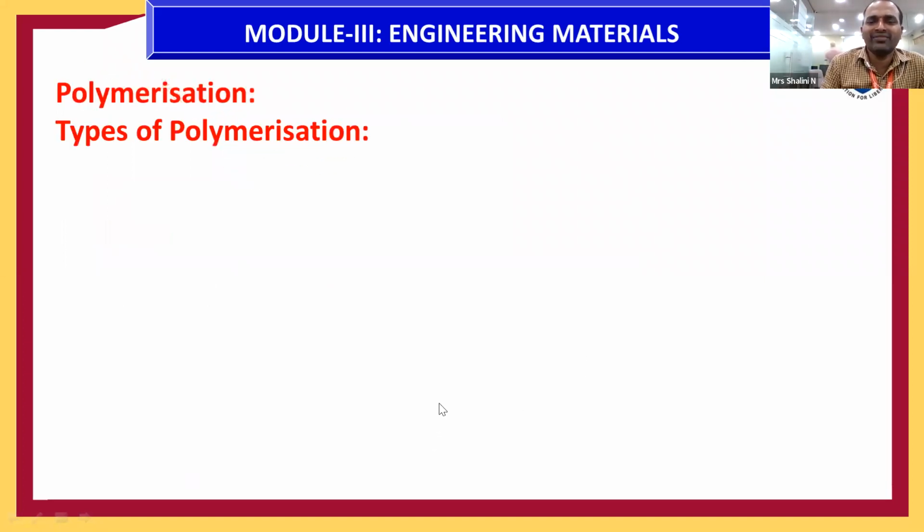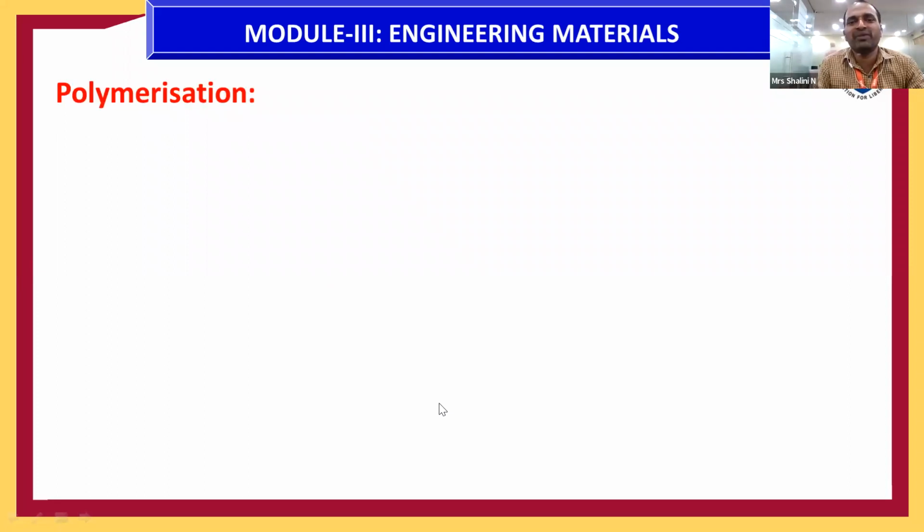Now, what is meant by polymerization? Polymerization is a chemical reaction in which monomers are combined to form a large molecule or giant molecule, with or without elimination of a small molecule.